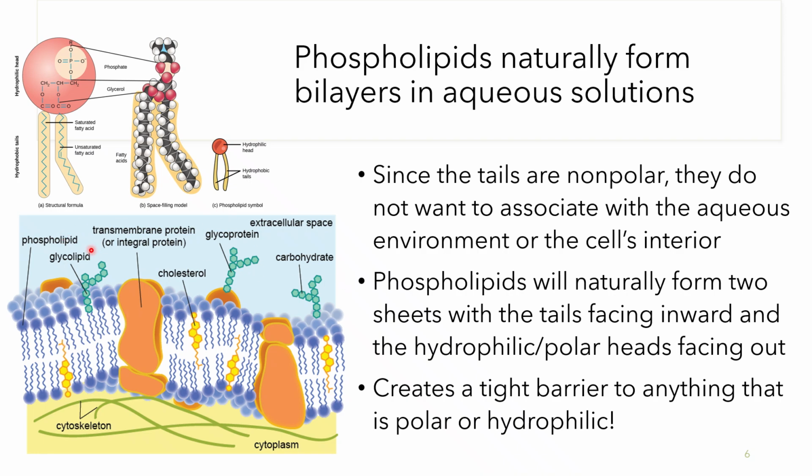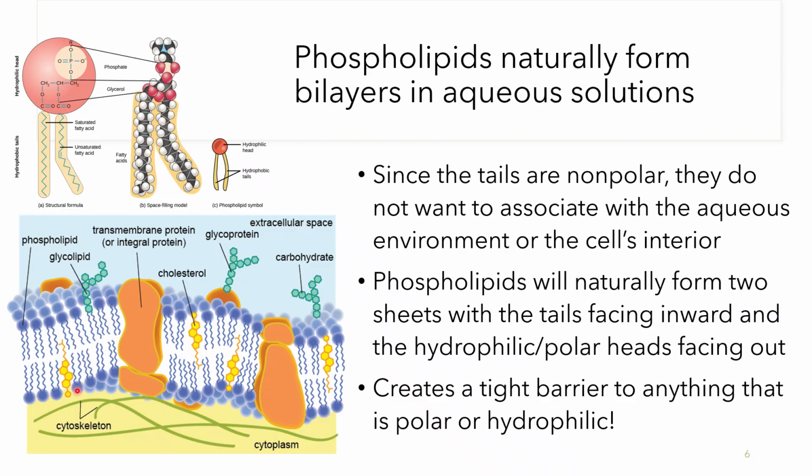Well, the exterior of the cell is an aqueous solution. The interior of the cell is an aqueous solution. So their only hope is to face each other and form this double layer where these hydrophobic tails are hidden away from the water.